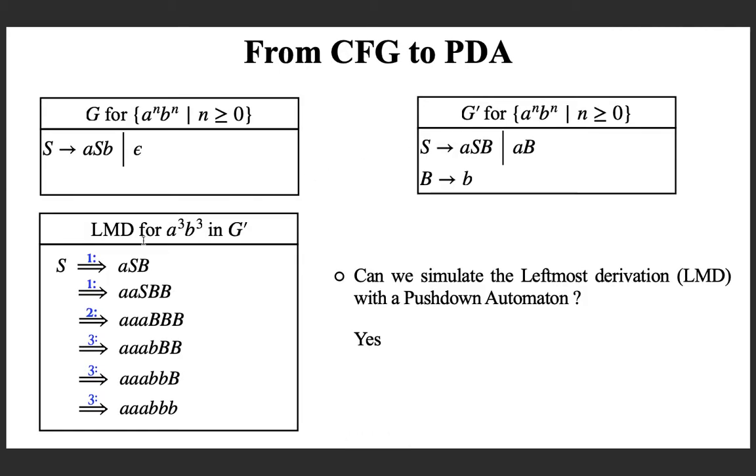We are going to see a single-state push-down automaton simulating the leftmost derivation. For this example, we are going to see how a single-state push-down automaton can simulate all possible derivations of this grammar. And that is true always. You can have a single-state push-down automaton.